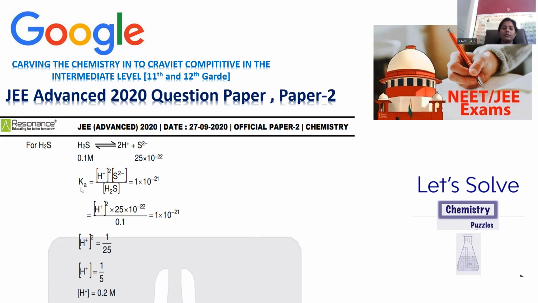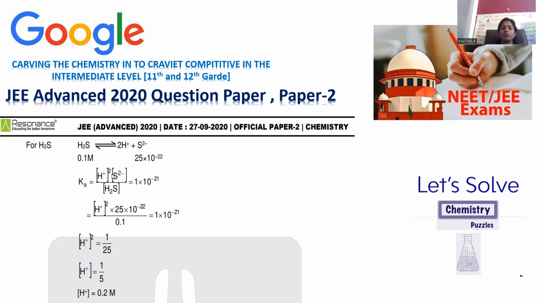Then Ka is equal to product concentration by reactant concentration, right? Dissociation constant is equal to product concentration by reactant concentration. Here the product is H+, with coefficient 2. Whatever coefficient is there becomes a power.